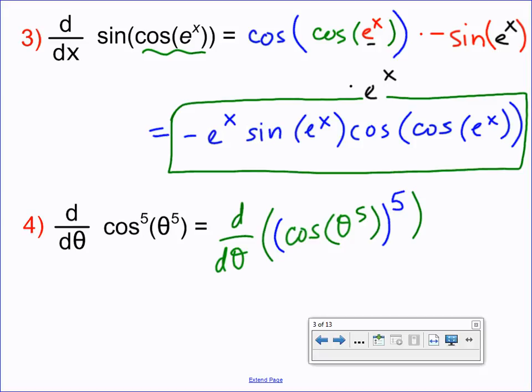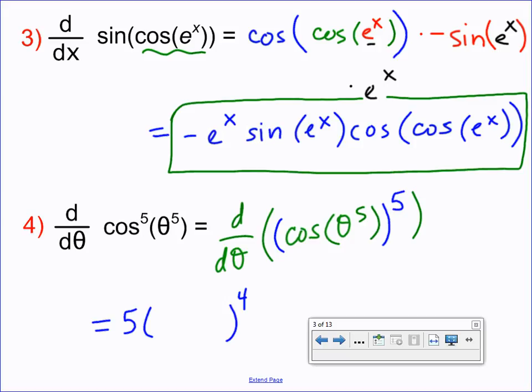Now I see that my overall function is not trigonometric, but rather power. So I'll start off with my power rule. The derivative of a power function is exponent times the base raised to 1 less. So the derivative of x to the 5th would be 5x to the 4th. But it wasn't x for my base, it was cosine of theta to the 5th.